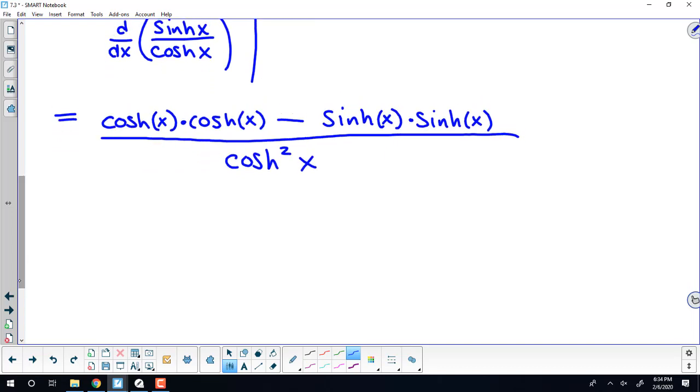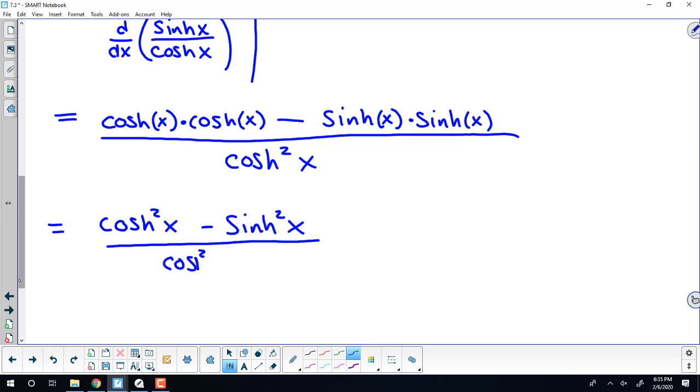So really, with the regular trig functions, circular trig functions, you basically needed to show the derivative for sine and cosine, and then you just use other derivative rules to find the derivative of tangent, secant, cosecant. That's kind of what we're doing here. So we have cosh squared minus sinh squared all over cosh squared.